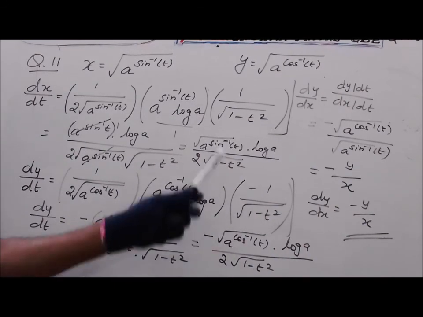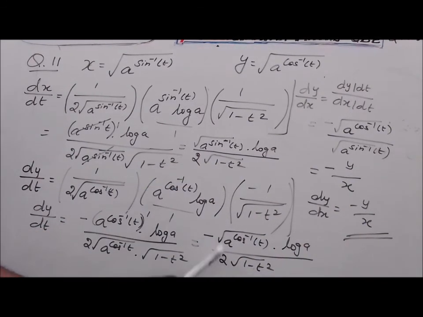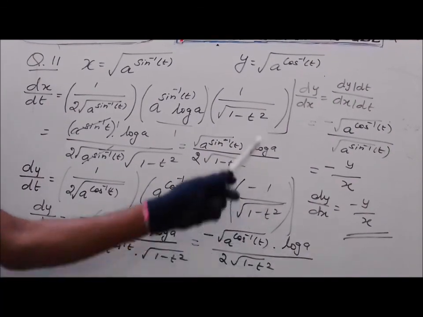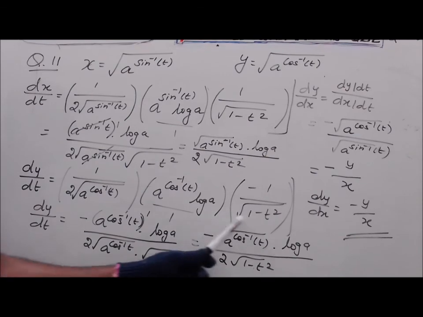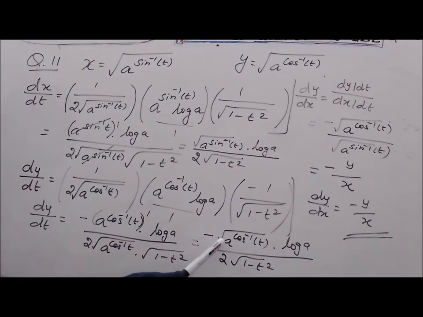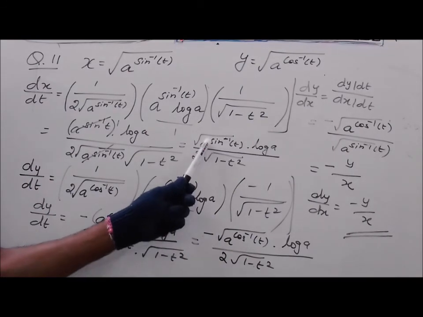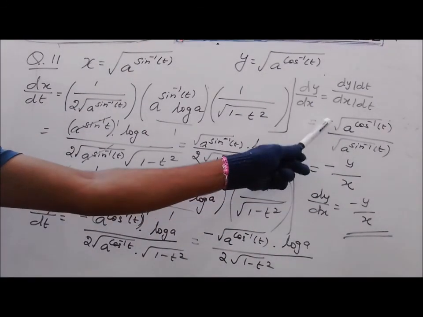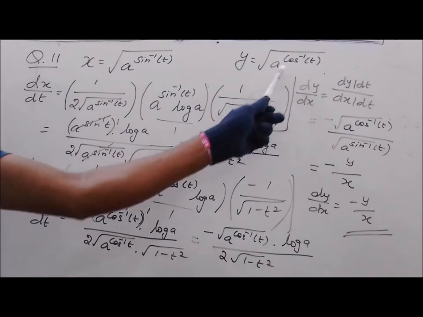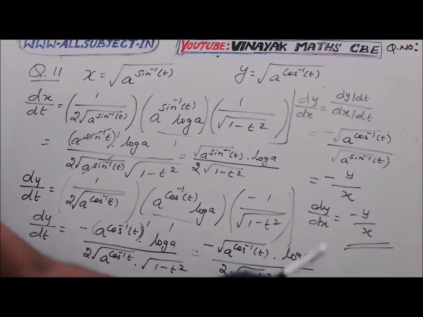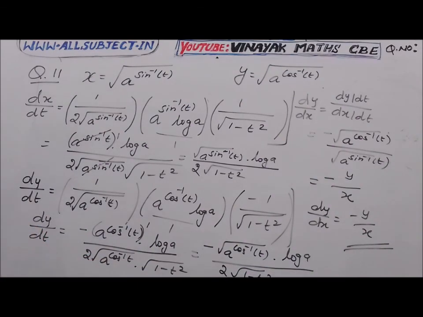When you divide dy by dt by dx by dt, both the denominators get cancelled, log a cancels, and then the numerator we have minus root of a power cos inverse t, and divided by root of a power sin inverse t. Minus this represents y and this represents x, that is minus y by x. Now dy by dx is equal to minus y by x.